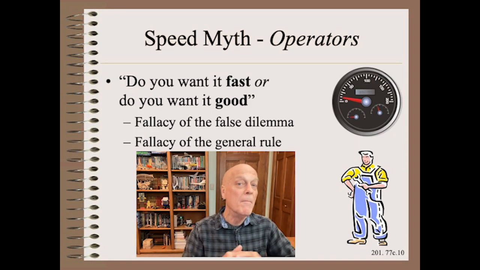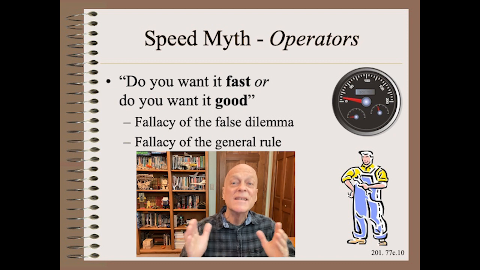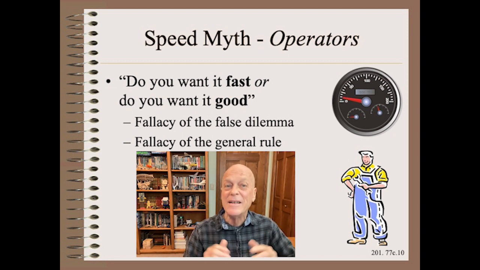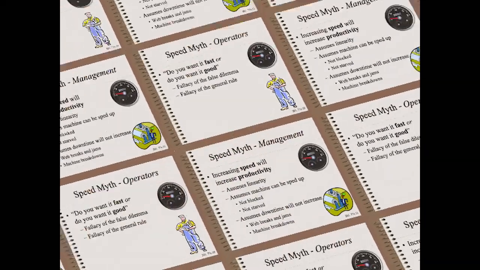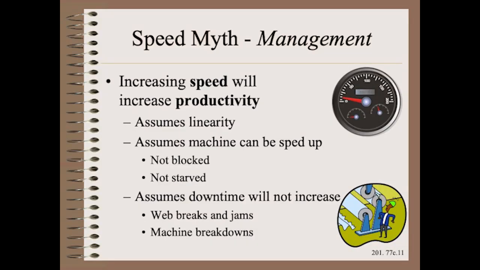Since this is a man-machine material system, we must at least make mention of one common but paralyzing myth shared by many, many operators. That is, the false dilemma of, do you want it fast or do you want it good? Even worse may be paralyzing myths shared by many, many managers.